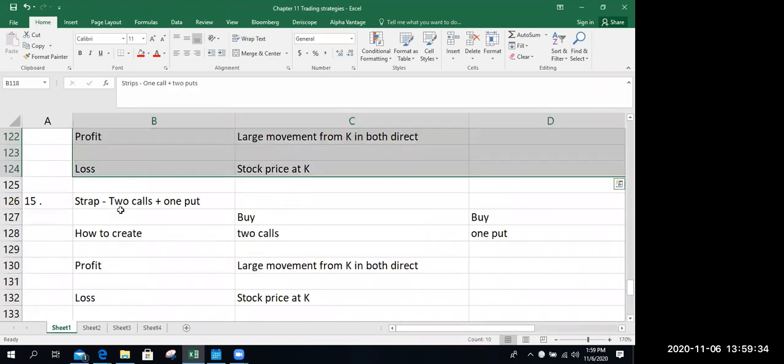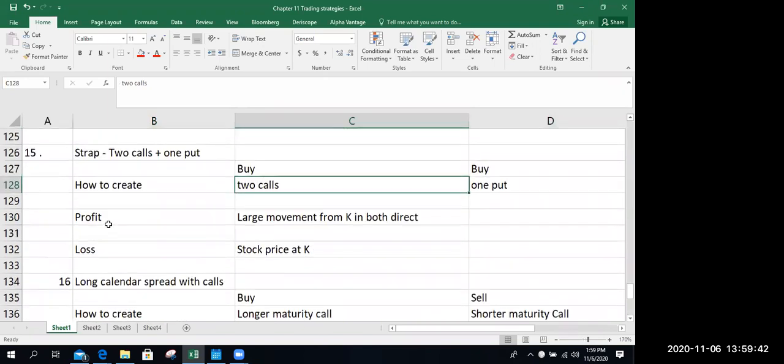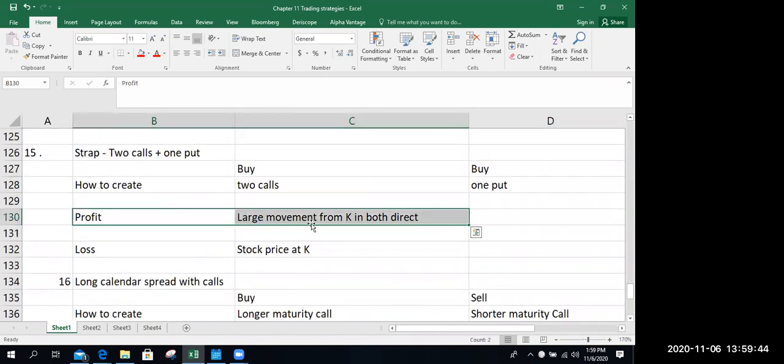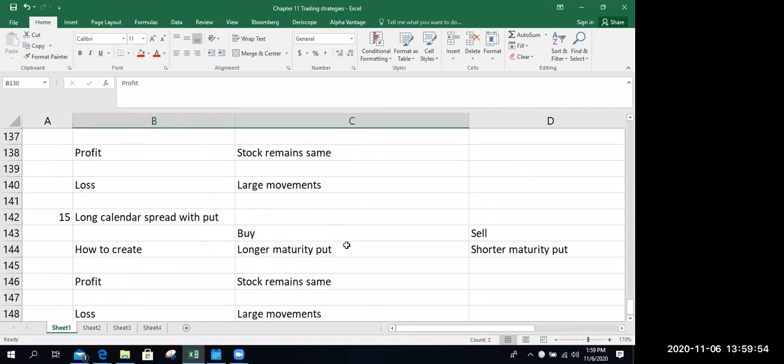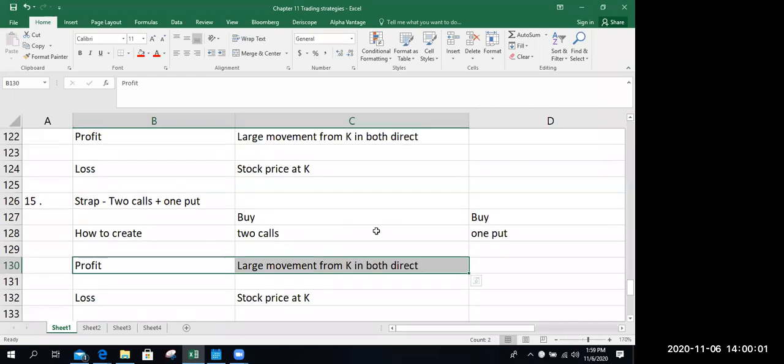In the same way, a strap is when you buy two calls and one put. So buy two calls and buy one put. When do you make money? Profit happens when there is a large movement in either direction. Loss happens if the stock remains the same. Okay. So why is it two and one? Is there any particular reason? Yeah, because you think the probability of a rise or fall is more.